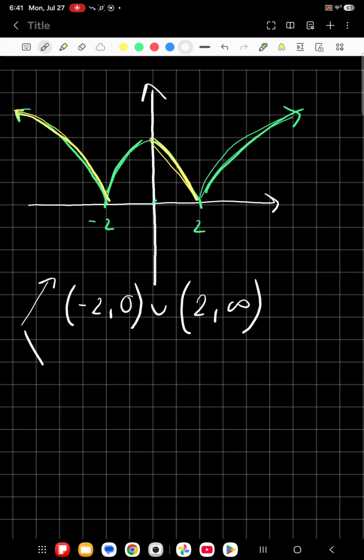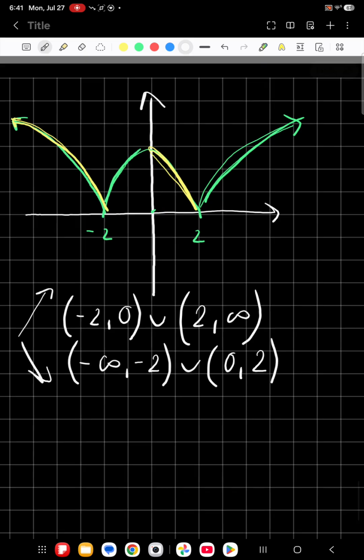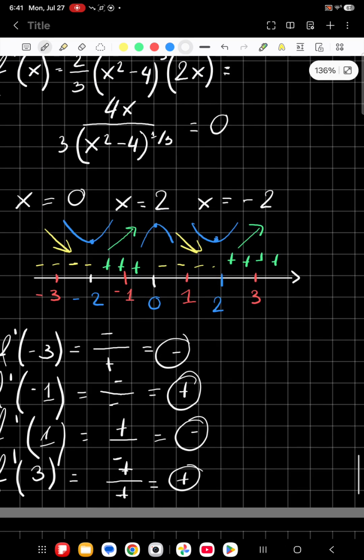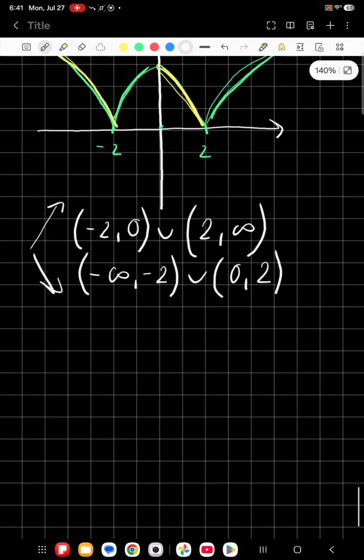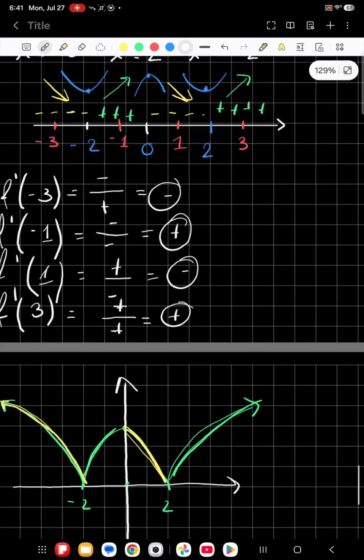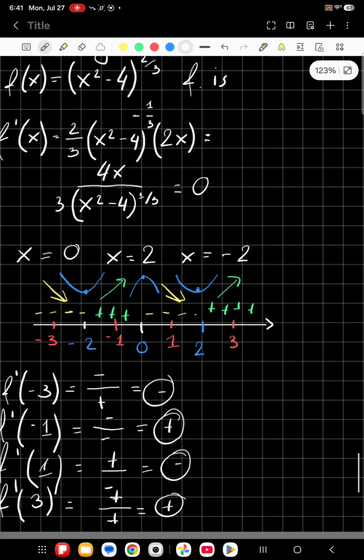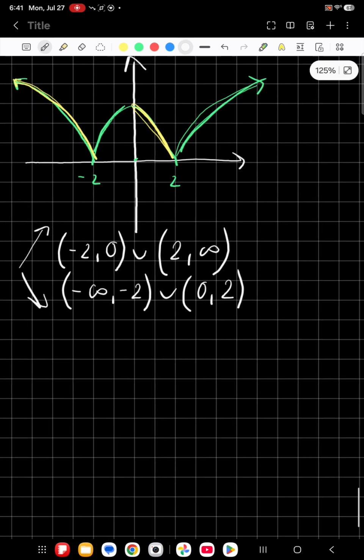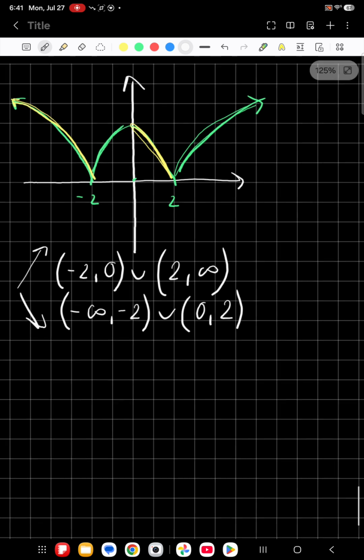And then decreasing would be from negative infinity to -2, and then the other one is from 0 to 2. Let me just confirm it with that number line. Between negative infinity and -2 was decreasing, and then we had decreasing from 0 to 2. Okay, that works.